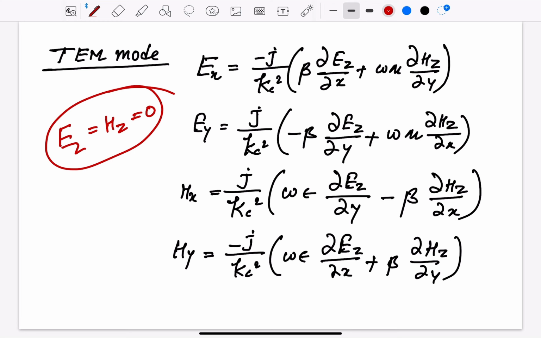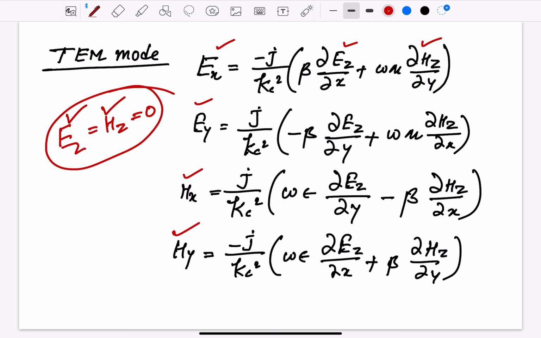Now, we have written all the transverse components, Ex, Ey, Hx and Hy, in terms of only the Ez and Hz components. So the moment you put in these values of Ez and Hz, you will find that everything will be 0. So this is not acceptable, I would say.